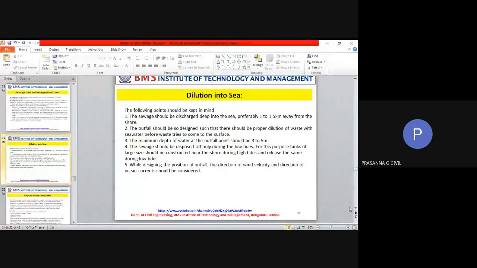Is it sewage water? It is sewage water. I want to use the method of dilution. So, what all things should I keep in mind for selecting where dilution can be done? Where can I put it for dilution? Into the sea, ma'am.